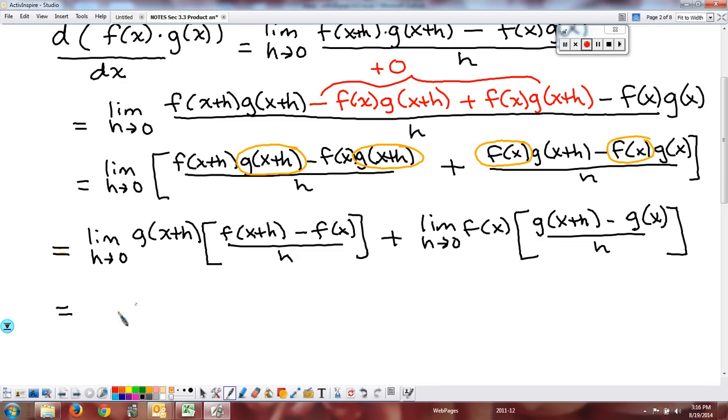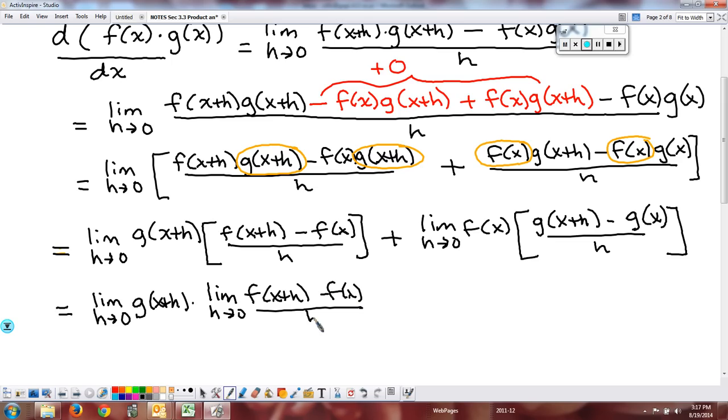The limit of a product is the product of the limits. So we can take the limit as h goes to 0 of g of x plus h times the limit as h goes to 0 of this difference quotient, which hopefully right now you're saying, hey, wait a minute, that's nothing more than a derivative rule. Do the same thing here.